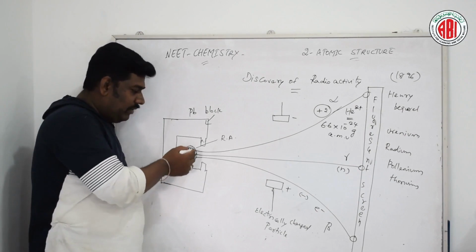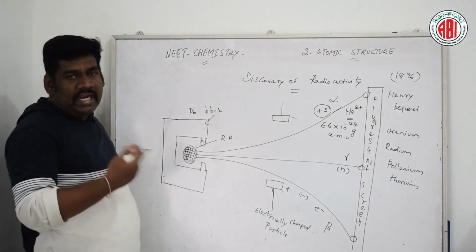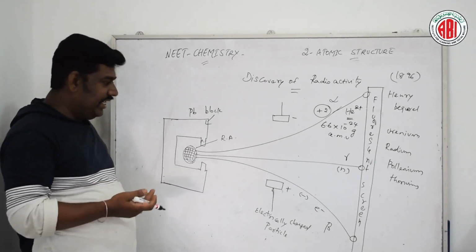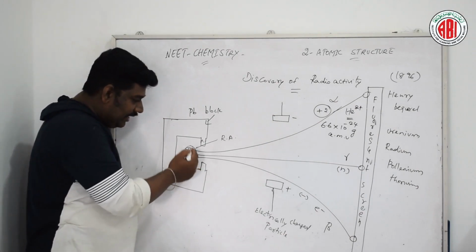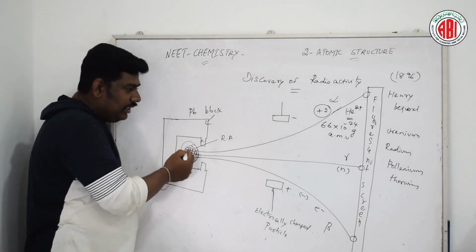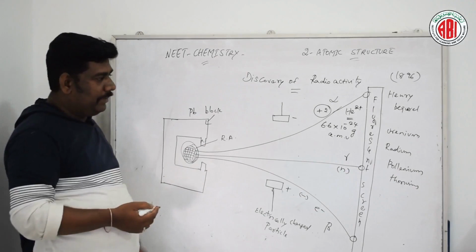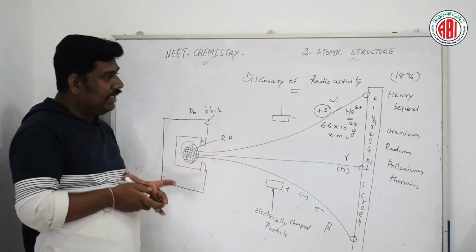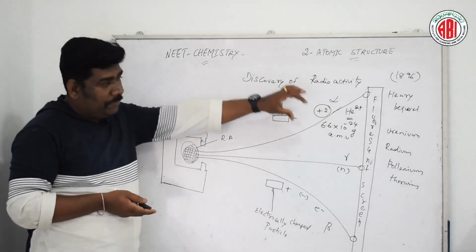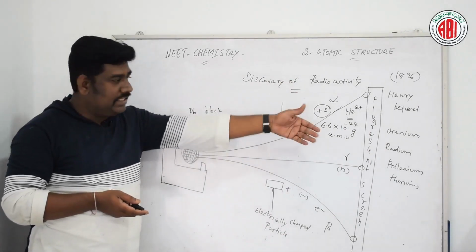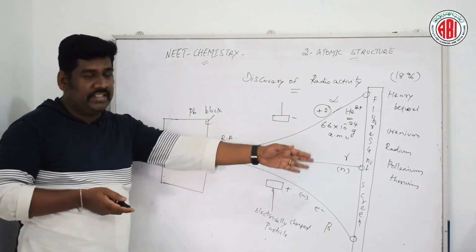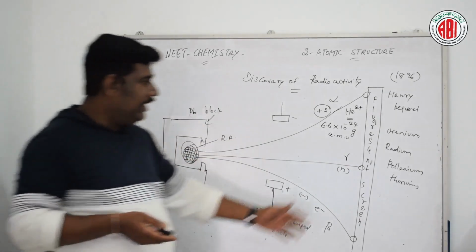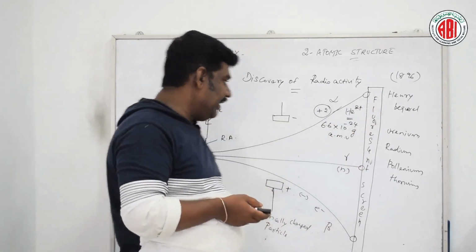So what happened? It started to emit continuous, spontaneous radiation. The radiation of this substance is recorded by a fluorescent screen, a photographic plate placed in front of where the radiation falls.